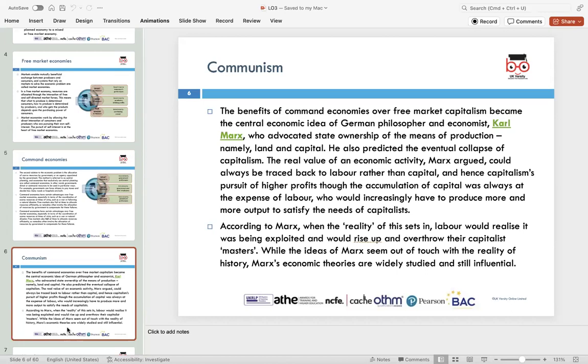Karl Marx had a premonition that capitalism would eventually fail, and he argued that the true worth of economic activity resided not in wealth but in labor. So Marx predicted that there would be a reaction against capitalist masters in the event that workers become aware of their exploitation conditions.